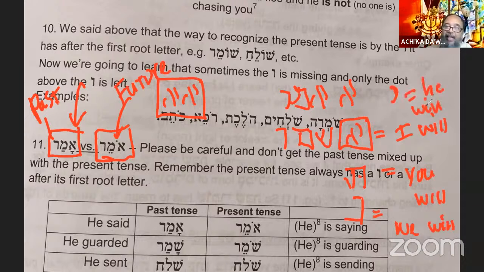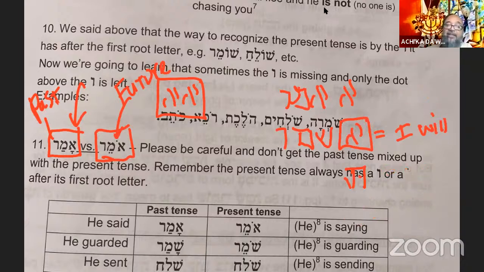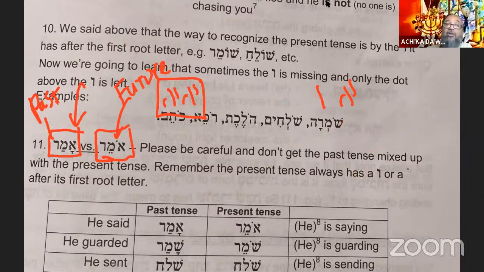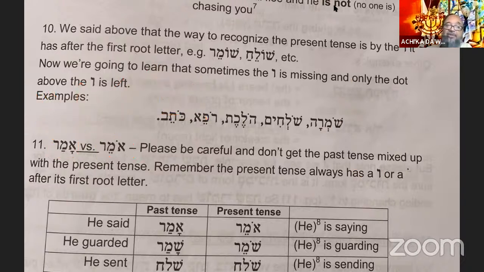So you've got to know these: I will, he will, you will, we will. So when you're looking at Omer, basically what they're telling you is that I want to say something, I will say, but they can't have two alephs next to each other. So they say, let's just use this dot to represent it.